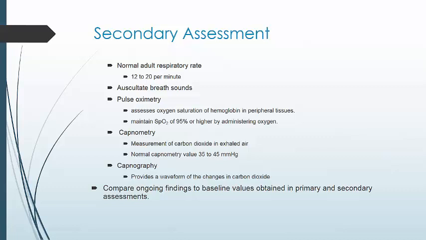Another thing to keep in mind too, pulse oximetry, people look at it as the end-all be-all, and it's a great tool, but it's just that, it's a tool. Some of the problems with pulse oximetry is that, number one, it does not measure what is bound to hemoglobin. It just looks that something is bound to hemoglobin. So some things can cause false high readings. Additionally, it only measures what's there.